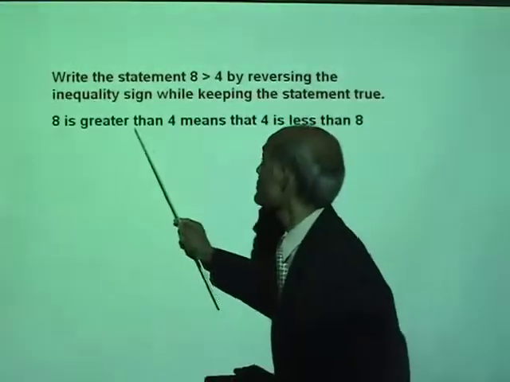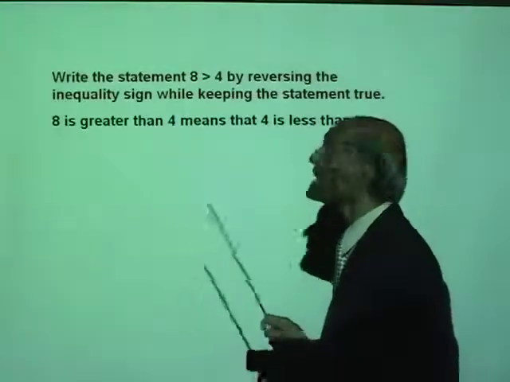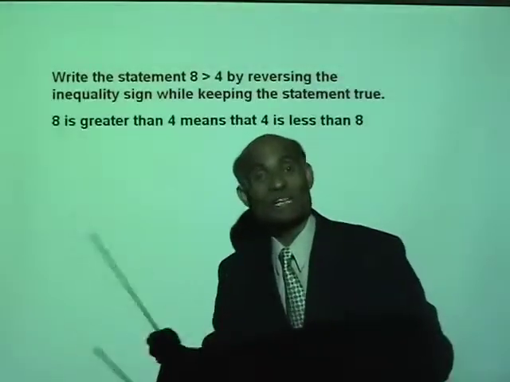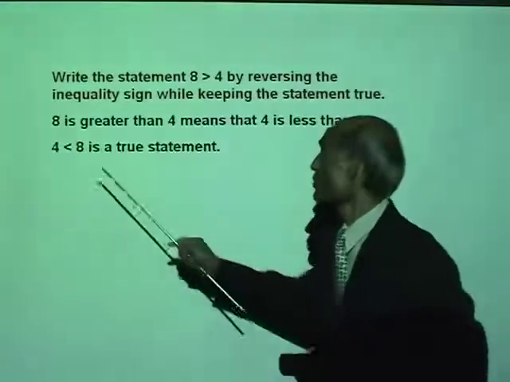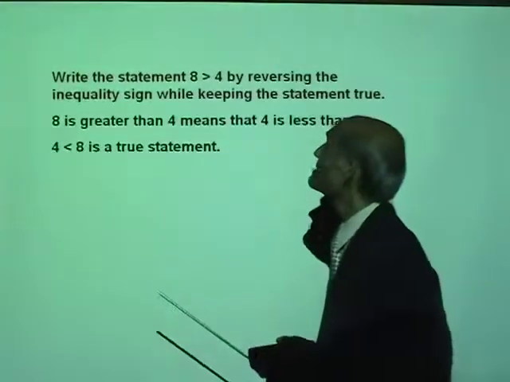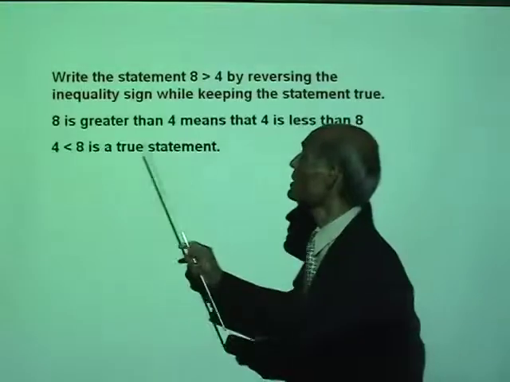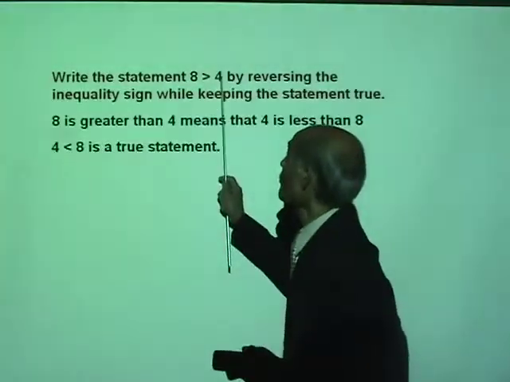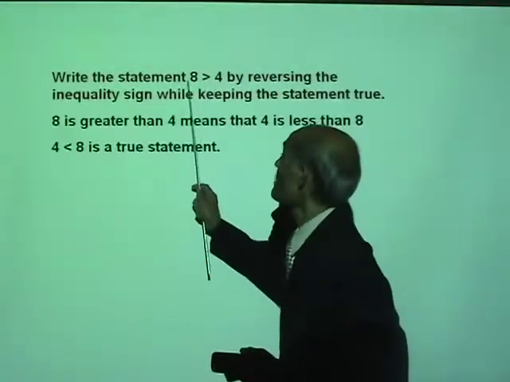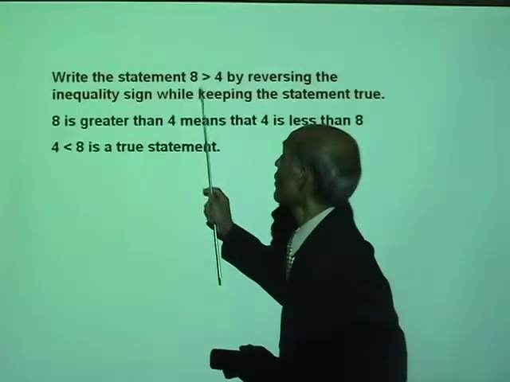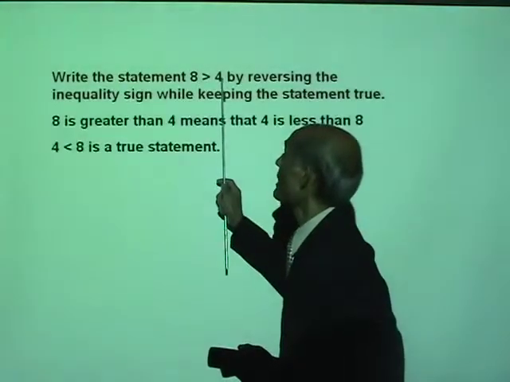Now, 8 is greater than 4 means that 4 is less than 8. So 4 is less than 8 is a true statement. Now, what I want you to watch here is what has happened. The 4 on the right came to the left. 8 on the left went to the right.